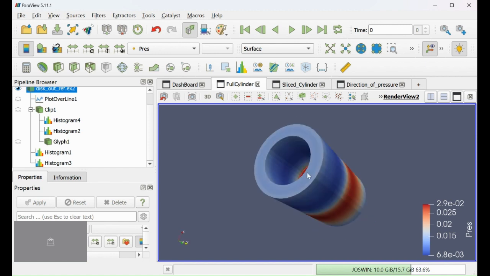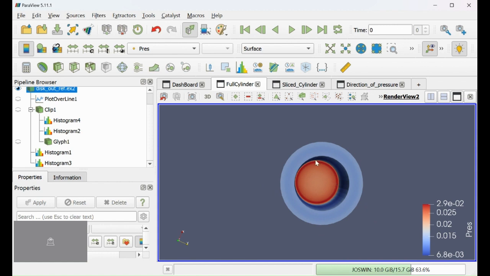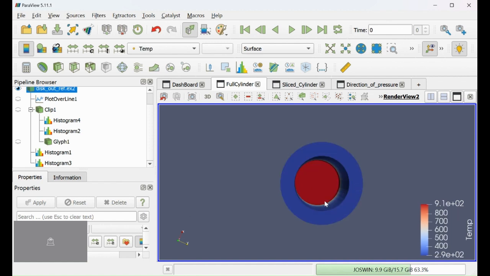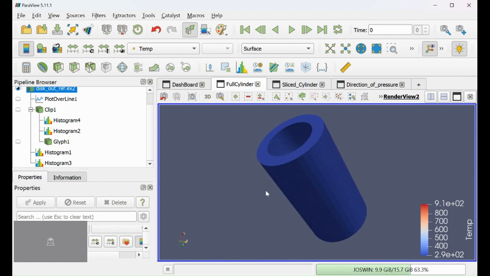But at the upper side, there's relatively less pressure, I think mainly due to the open area at the top. We can also look at the temperature and see the temperature distribution.